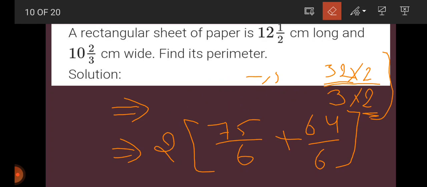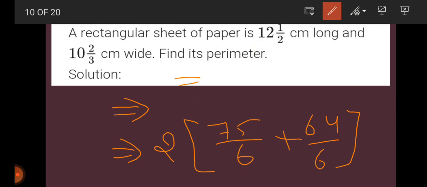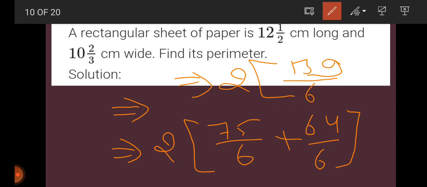So in this condition, how can we do it? We add the numerators. Here the numerator is 75 and 64, and 6, so 139 by 6.